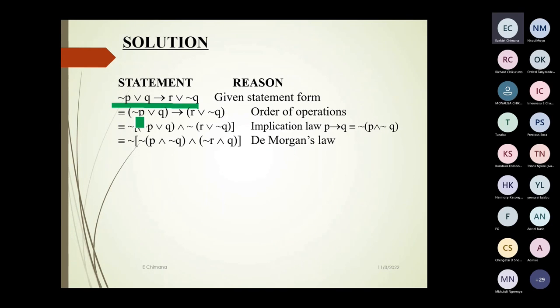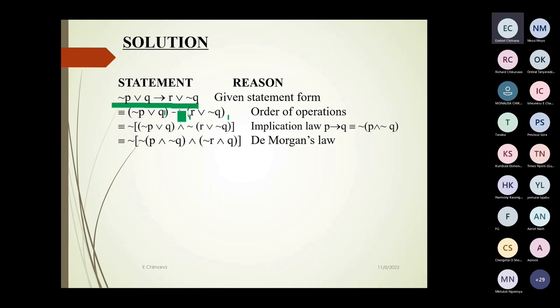This is why the parentheses are here and here. And then from there, we use the implication law, which says P implies Q is the same as the negation of P or Q, but because we want to remove the or, we do not want to use the other one with the or.